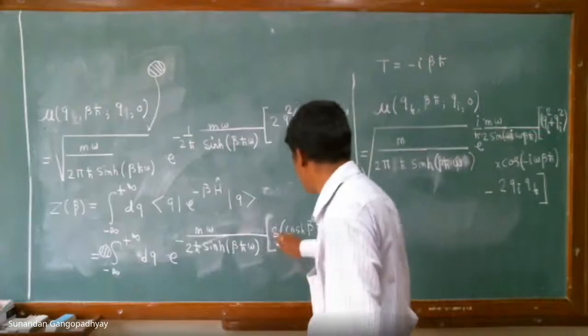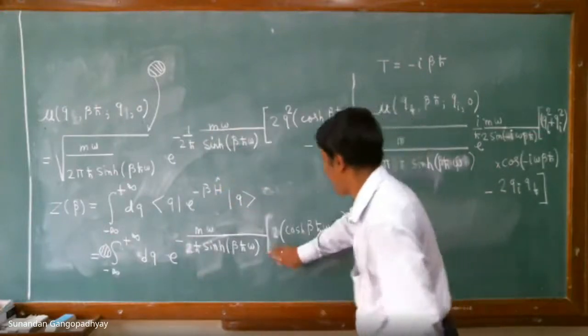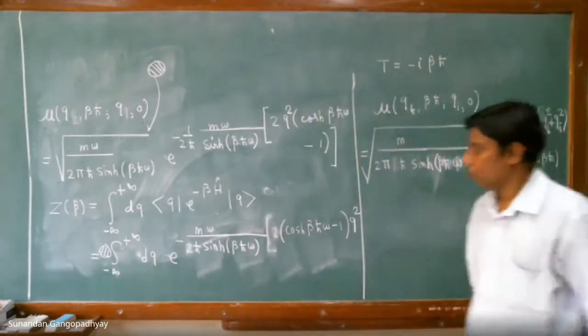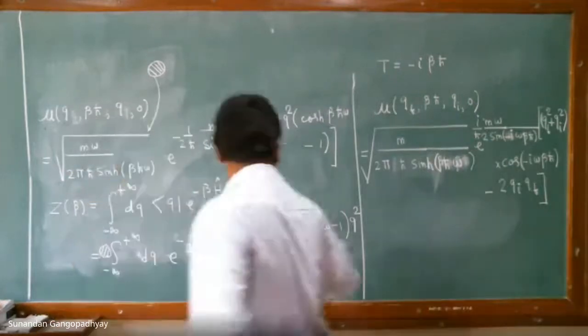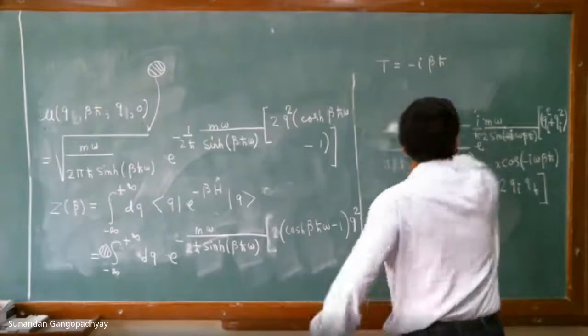So what you can see is that this 2 and this 2 will cancel. So you have an integral like this. It's a very simple integral because it's a Gaussian integral in q. You can do it immediately.